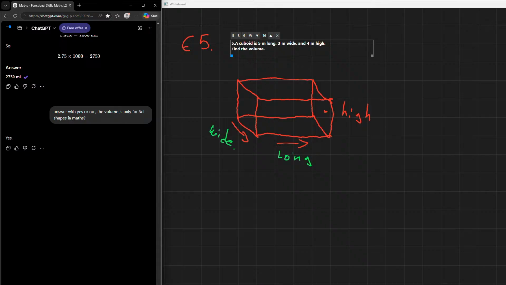Find the volume. So the volume must be this side, this side, this side. And I'm just wondering, is it times 2 or each, or is it one time?